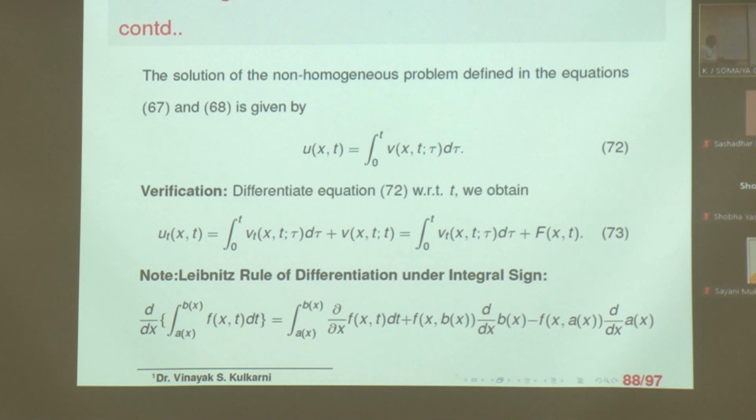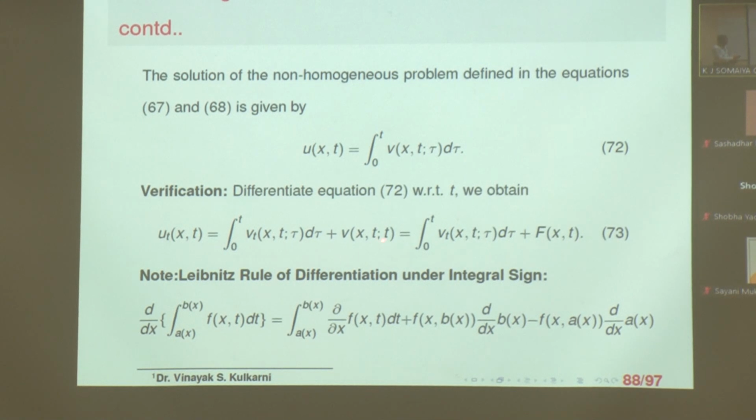So after application, what will happen over here? As I told you, this integration stays as it is, 0 to t, and we differentiate the integrand function with respect to the corresponding variable. The corresponding variable is t, therefore the derivative of v with respect to t. Then according to this law, because the integration is with respect to tau, I substitute tau equals the upper limit, which is t.